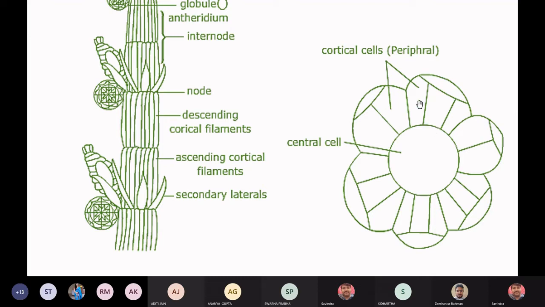There is a central cell, and it is surrounded by the cortical cells or the peripheral cells. और जो हम बात कर रहे हैं ना, all the branching, whether it's primary or secondary or sex organ, they arise from the peripheral part only. कुछ भी डेवलपमेंट होती है, it starts from the peripheral and cortical cells, not from the central cell.